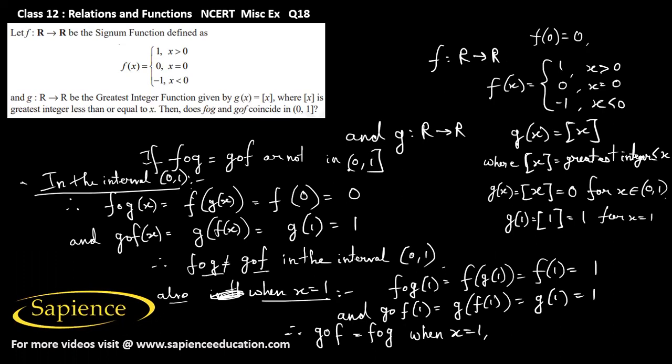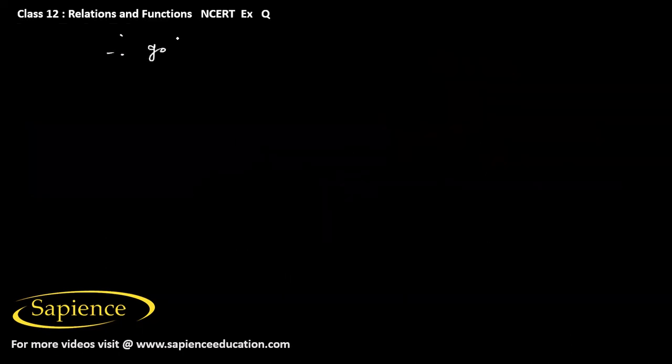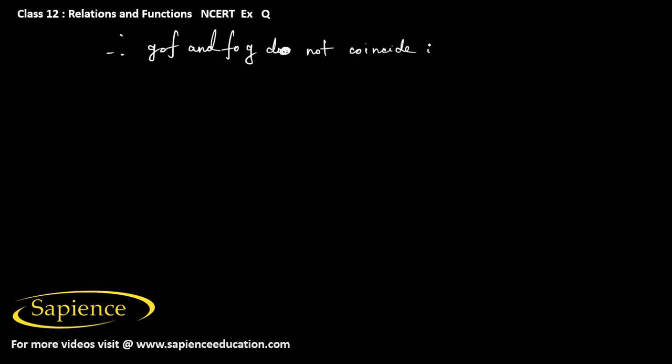So if we take the entire interval, then only at x equal to 1 the two composite functions are coinciding. But in the open interval 0 to 1, the two composite functions f of g and g of f are not coinciding. So therefore the composite functions do not coincide in the interval 0 to 1.